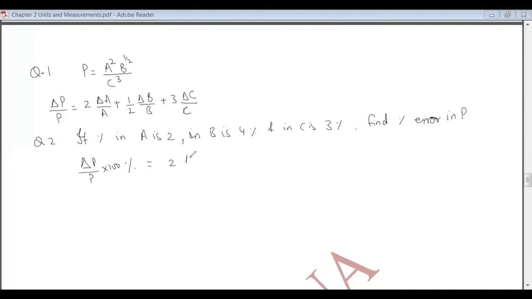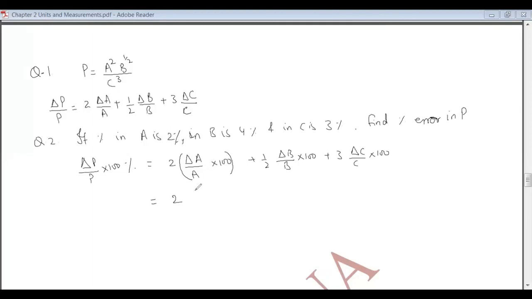So on the left hand side we have multiplied by 100, so on the right hand side also we multiply by 100: 2 delta A upon A into 100 plus half delta B upon B into 100 plus 3 times delta C upon C into 100. Now what is this bracket term? Delta A upon A into 100. This is the percentage error in A, which is given to be 2%.